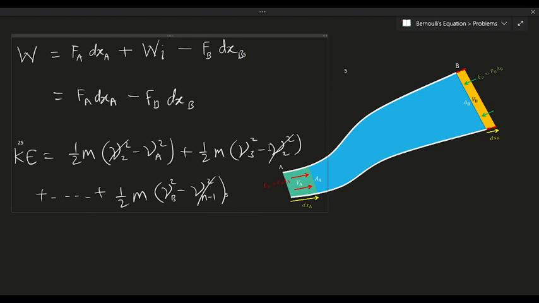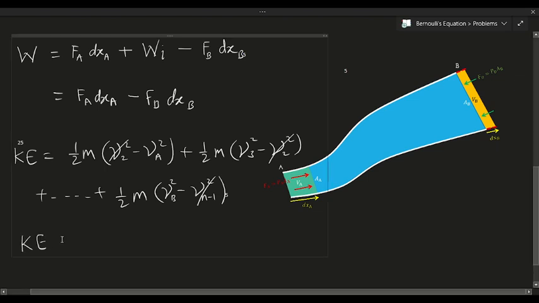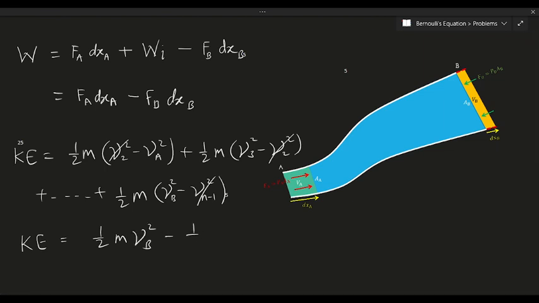So all the velocities cancel except Va square and Vb square, and we get the kinetic energy gain by the entire liquid mass as half m Vb square minus half m Va square.